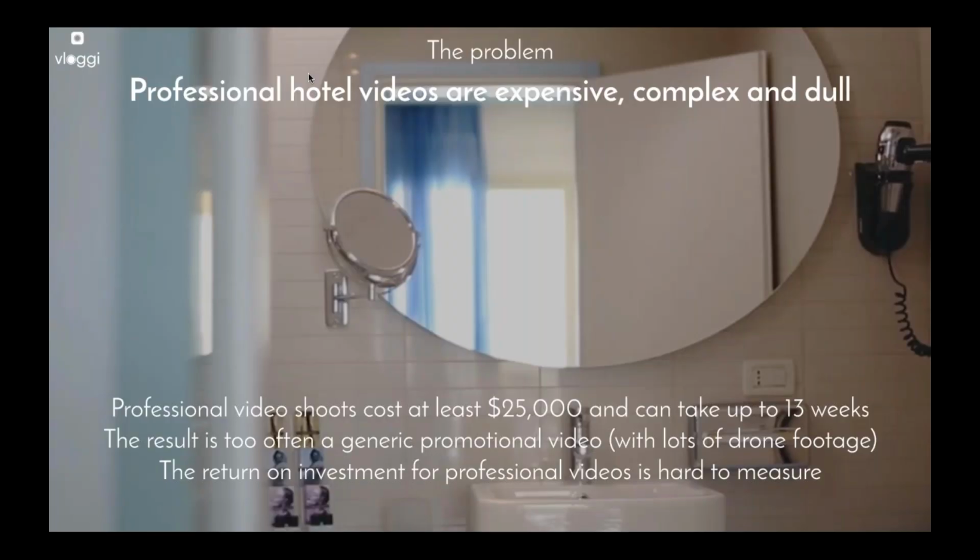And the issue is that even though they might look good, the result is often a too generic promotional video. They are often salesy and get outdated very quickly. The one big issue as well is that ROI for professional videos is very hard to measure.